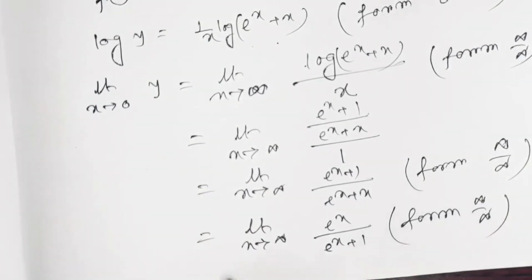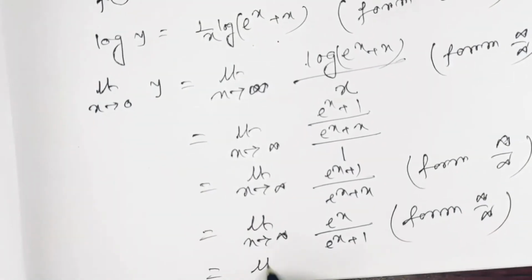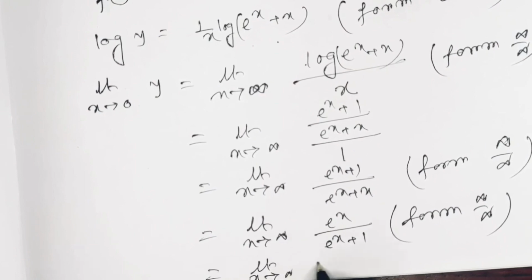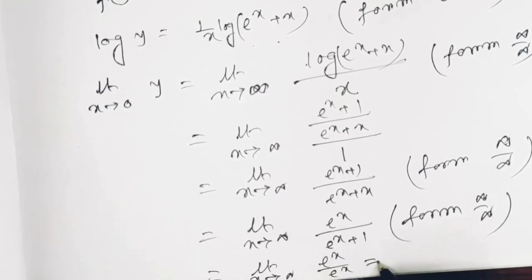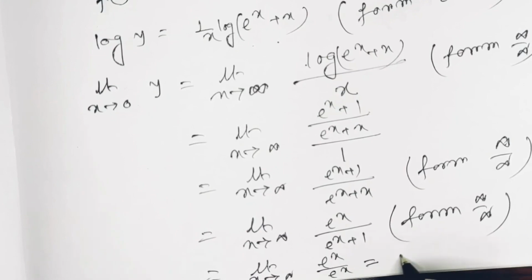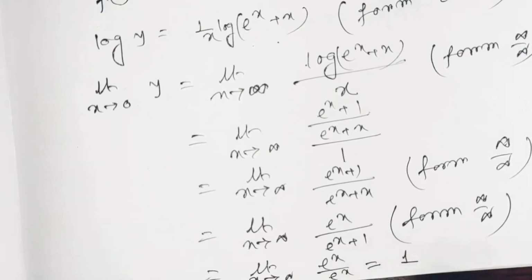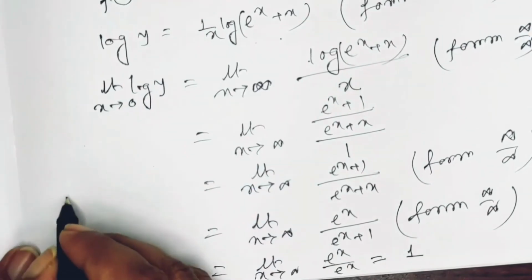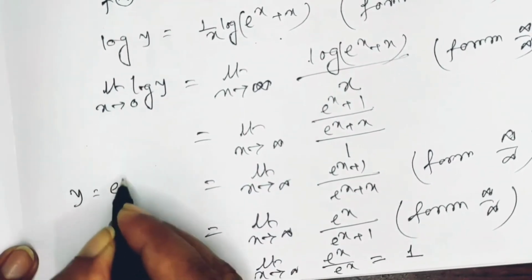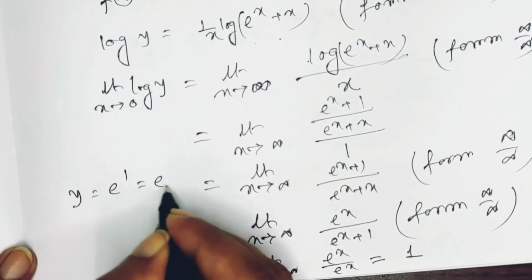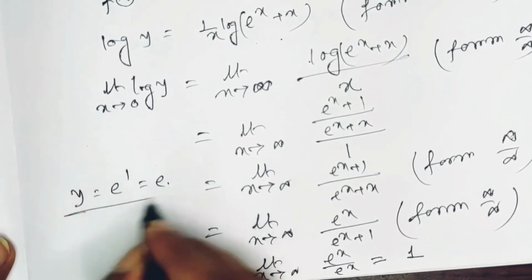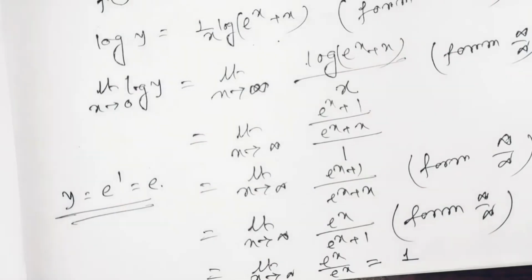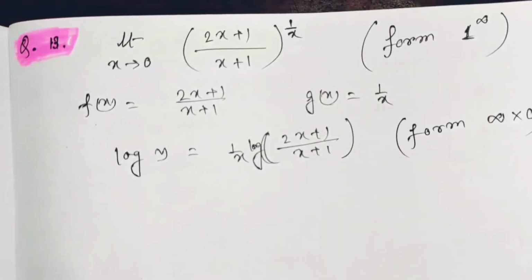If we simplify, we get e to the power x by e to the power x, that means finally we find 1. So this is the value for the log of y, and for y it is e to the power 1, which is e, because we have to take the anti-log. So this is our result.